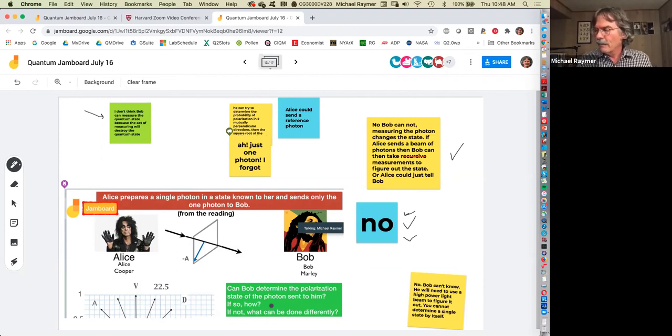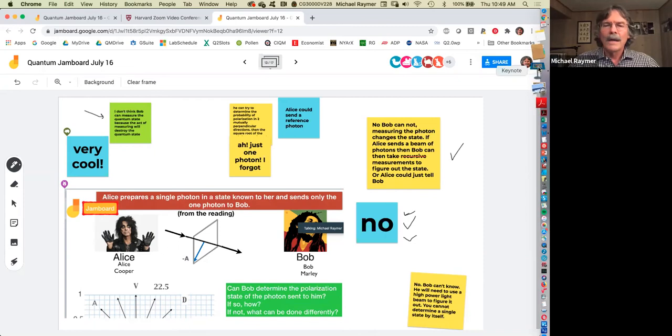And we believe it's true. And it relies on this fact that if an eavesdropper gets in between Alice and Bob and grabs the photon and measures it, the eavesdropper cannot actually tell what state Alice sent, because Alice would be smart enough only to send one photon and not to repeat that photon. So we'll talk in great detail in the next class about how quantum cryptography works. So yeah, it's pretty cool. I think it is pretty cool.